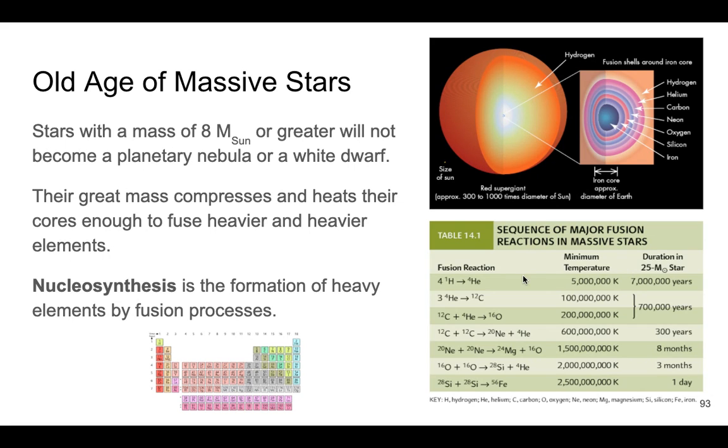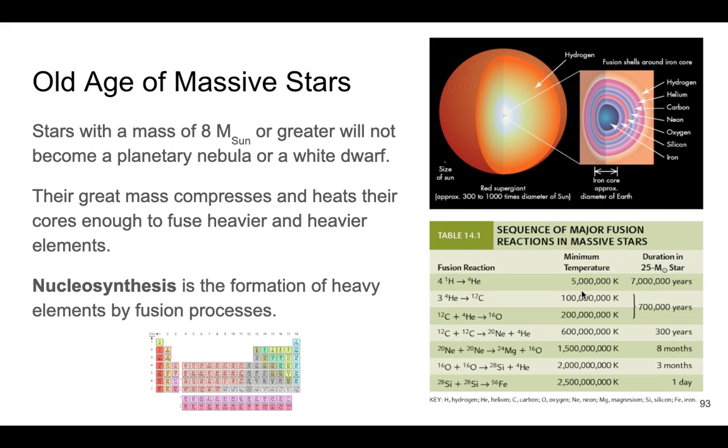And then after that, it's going to start to fuse helium into carbon. This is the triple alpha process. So it takes 3 heliums, so 3 atomic element number 2, and it makes 1 atomic element number 6, carbon. So the minimum temperature for that is 100 million degrees Kelvin. The first one happens at 5 million Kelvin. This one takes 100 million Kelvin.